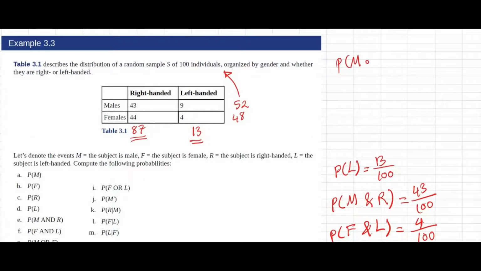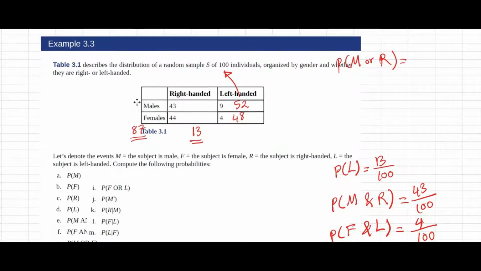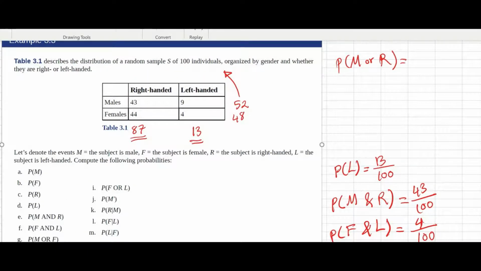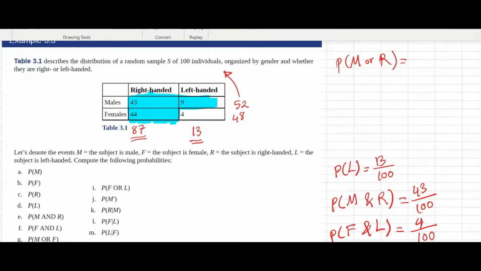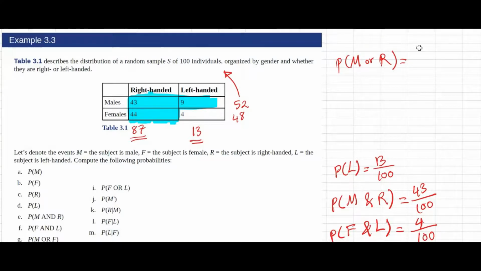So we're selecting from the group of males, and we're selecting from right-handed people. So this group is all of the right-handed people without repetition, and that will give us 43 plus 44 plus 9. So the answer is going to be 96 out of 100.